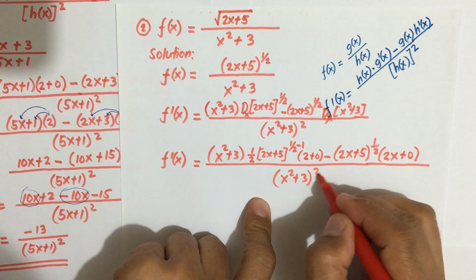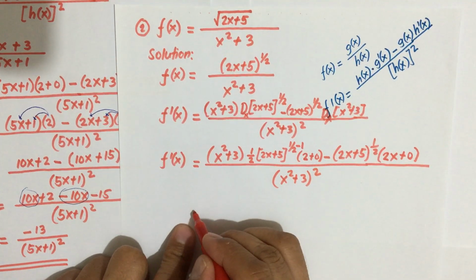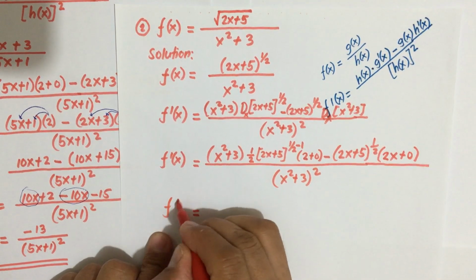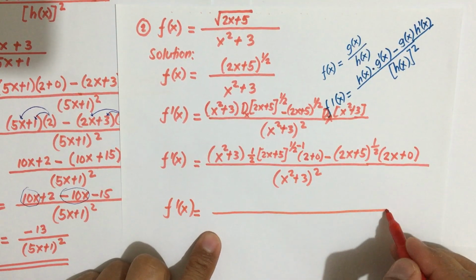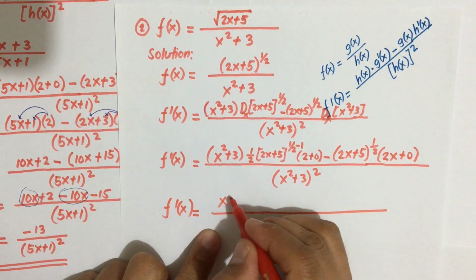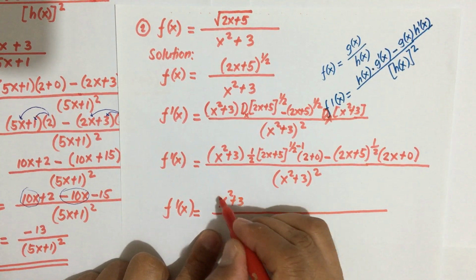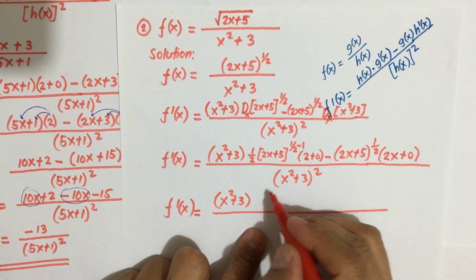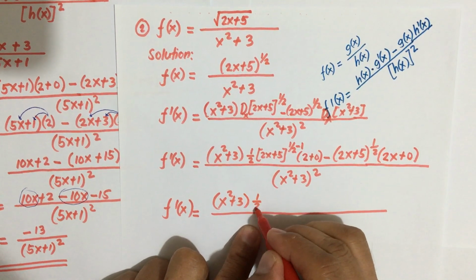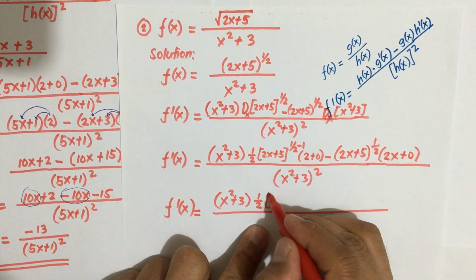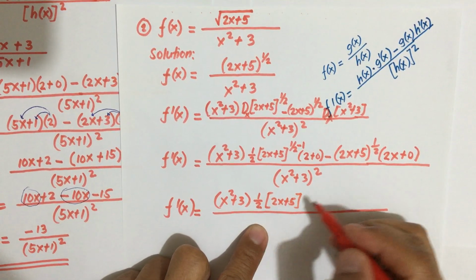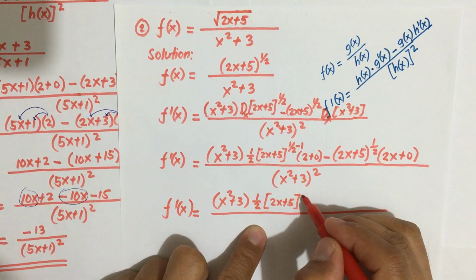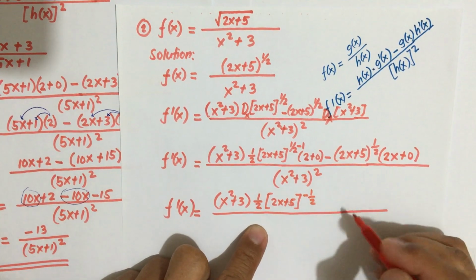Then squared. Okay, so simplifying. So f prime of x is equal to, we have x squared plus 3. Then this will be times 1/2 multiplied by 2x plus 5 raised to a power 1/2 minus 1, which is negative 1/2, right?